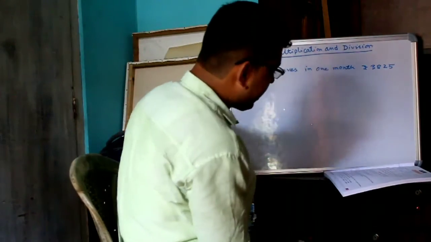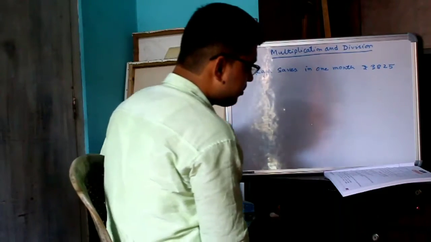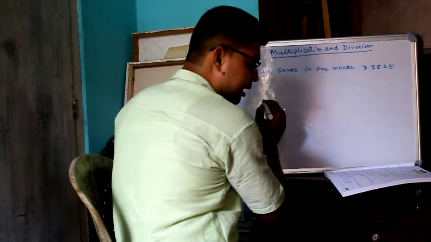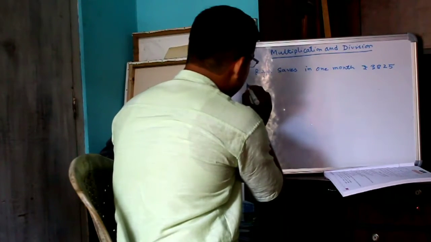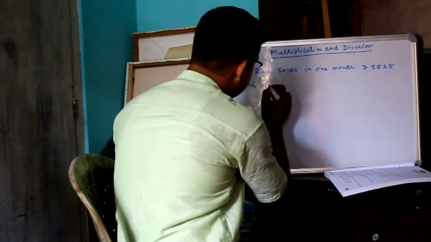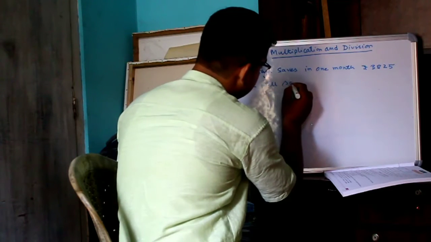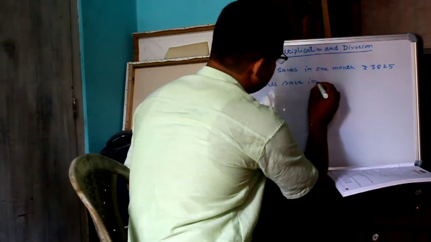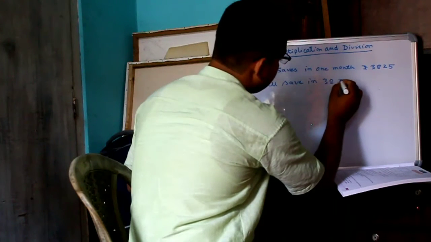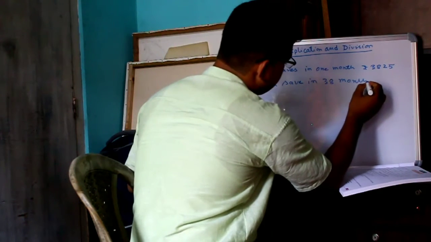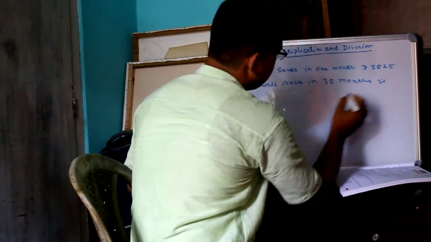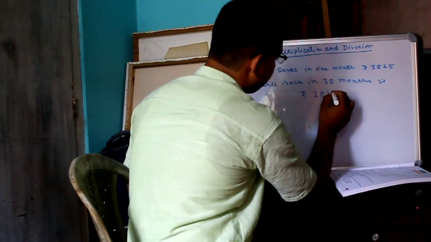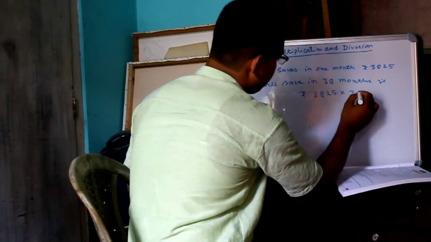So he will save money in 38 months. So he will save in 38 months is rupees 3,825 into 38.